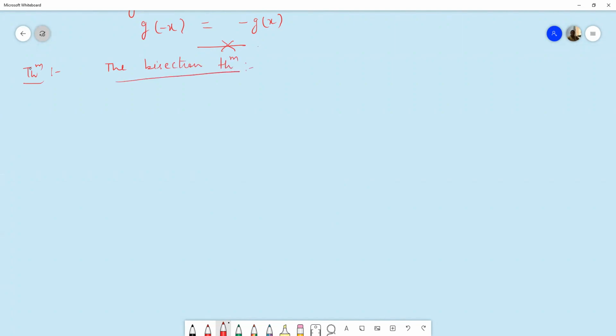The bisection theorem says if we have two bounded polygonal regions in plane R2, then there exists a single line in R2 that bisects each of them.